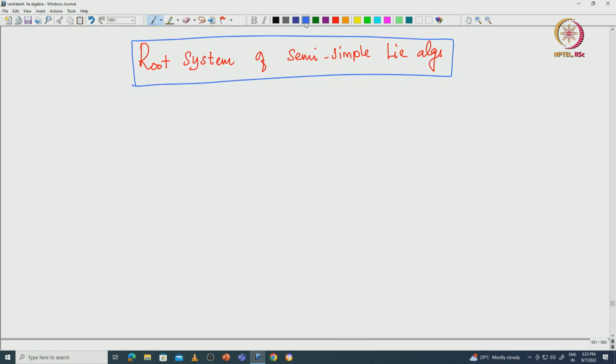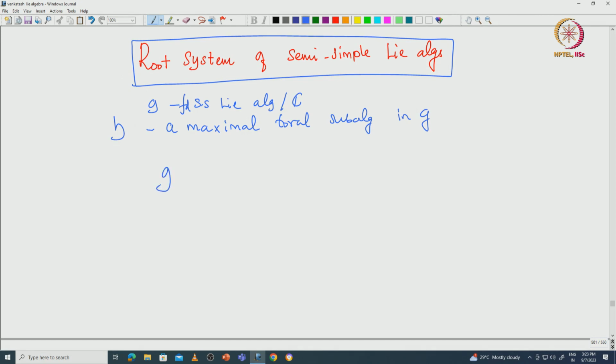We actually fixed a maximal toral subalgebra H inside our semi-simple Lie algebra G. G is given to be a finite dimensional semi-simple Lie algebra over C. Now with respect to this maximal toral subalgebra, and with respect to the adjoint action of this maximal toral subalgebra on G, we can write G as a direct sum of these root spaces.